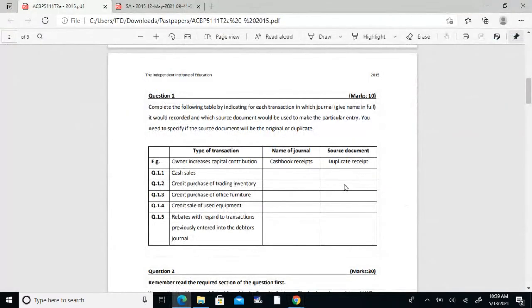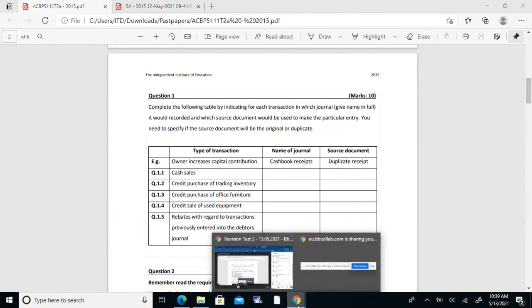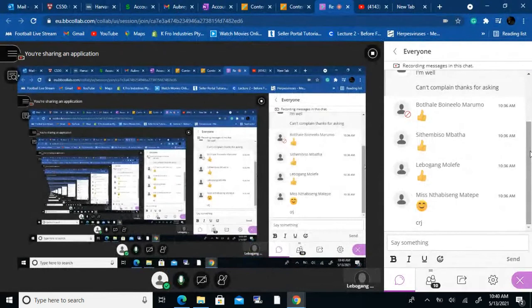And then what type of source document are we going to have? Is it going to be an original or a duplicate? Oh, people are quiet.